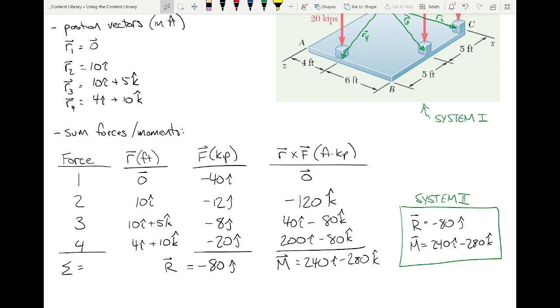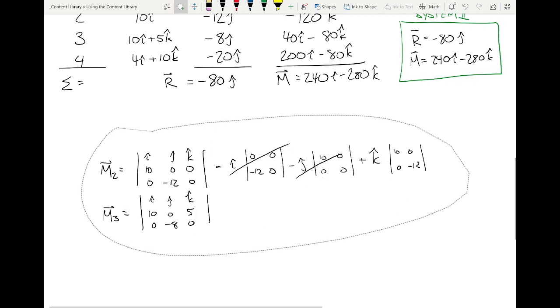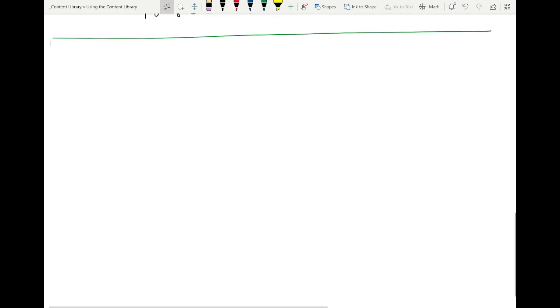Okay, so let's talk about what the problem is about. Let me move this up here. All right, let's determine the location of the resultant force.